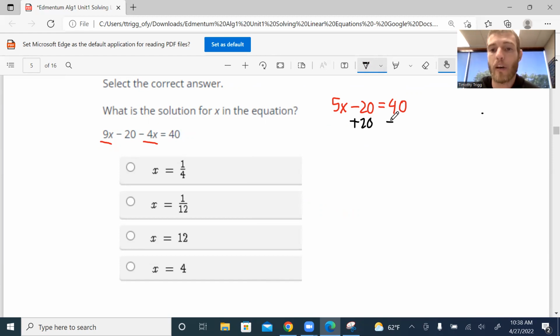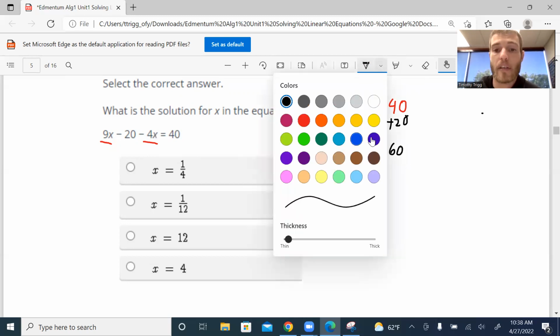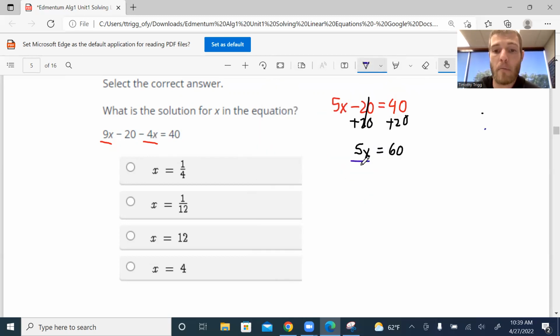Hopefully you're already doing it on your own piece of paper, adding 20 to both sides. Lastly, divide by 5 on both sides of the equation to get x by itself. That tells us that x is 12.